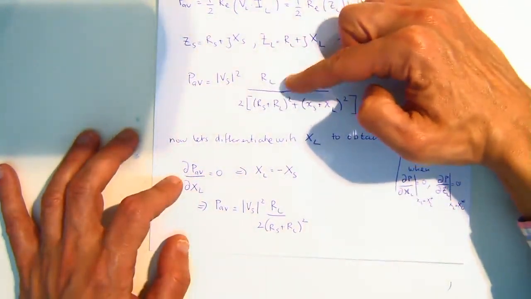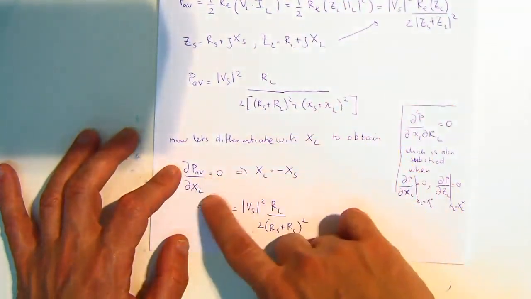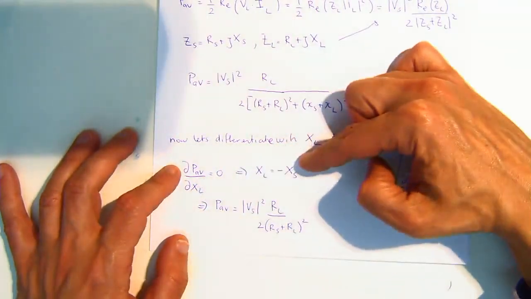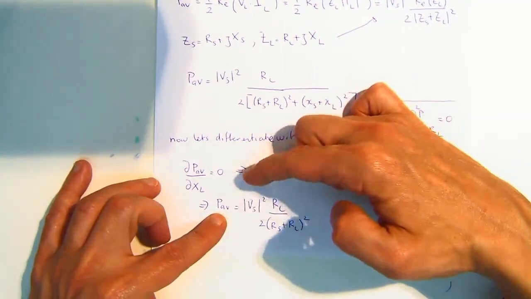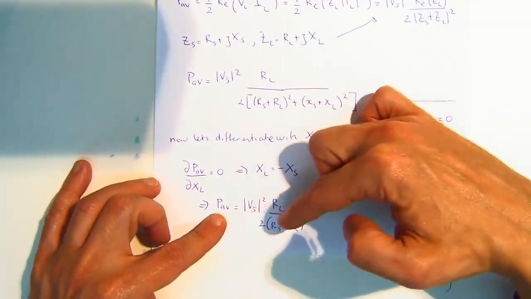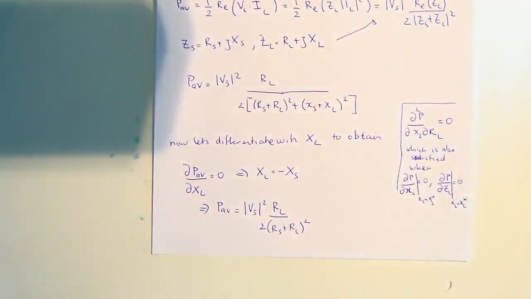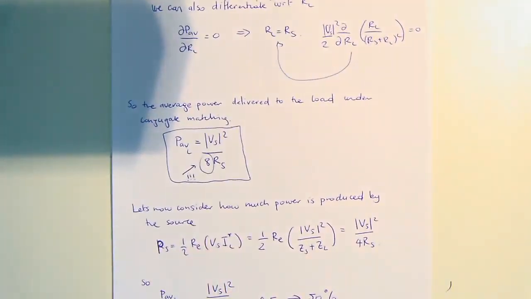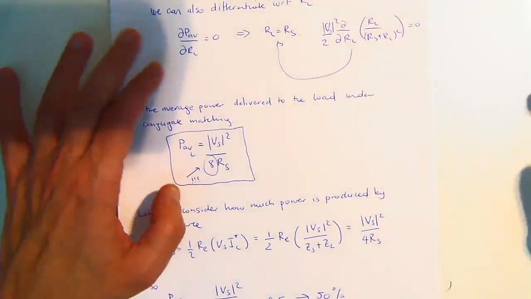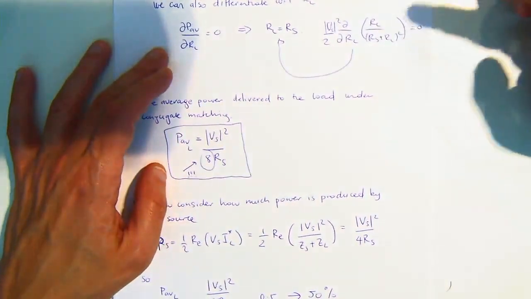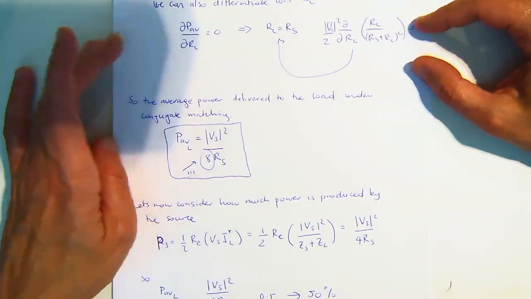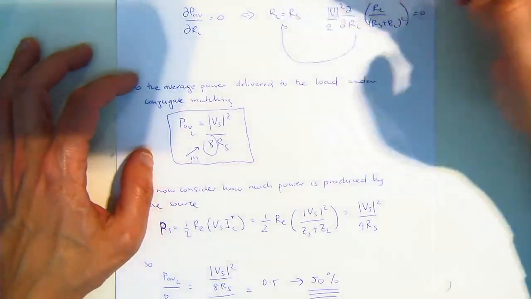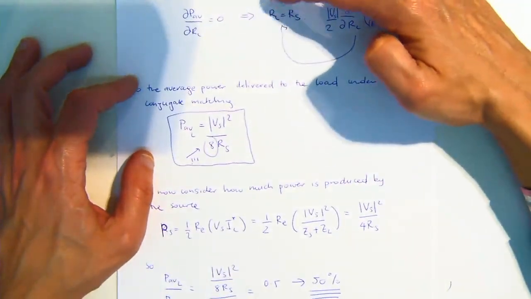Once we differentiate, we can show that a stationary point occurs when XL equals minus XS, and therefore the average power delivered to the load is Vs squared RL over 2 times (RS plus RL) squared. Now you can go through and differentiate this with respect to RL, and what you find is that the stationary point also occurs when RL equals RS.